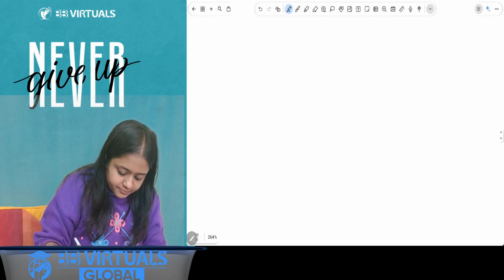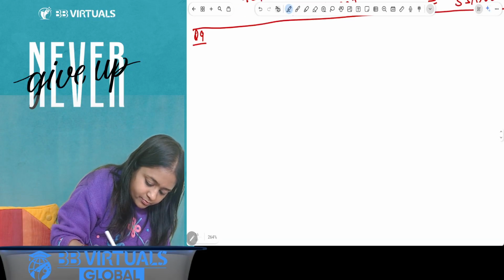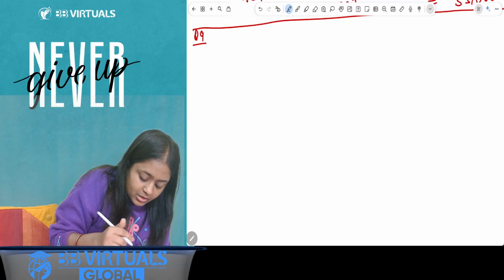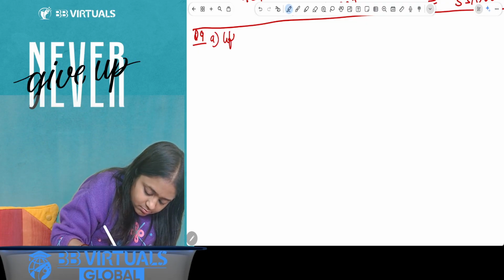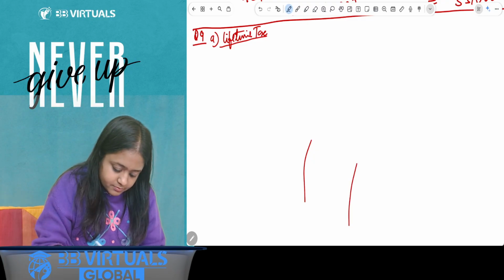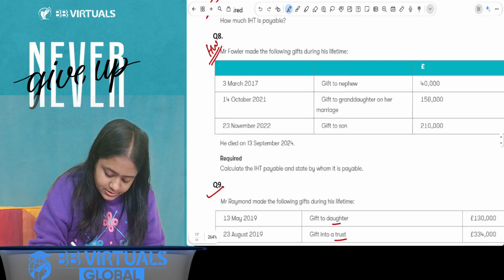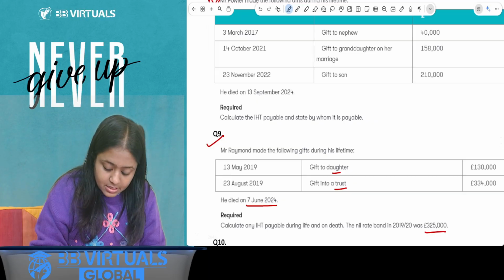Question number 9. Okay, now first we will calculate lifetime tax. List down both the gifts. First gift is on 13th May 19, then 23rd August 19.